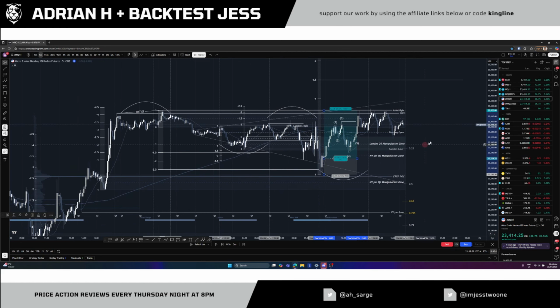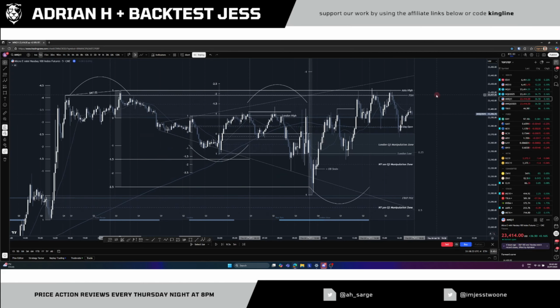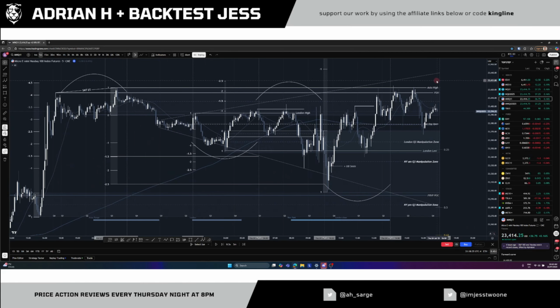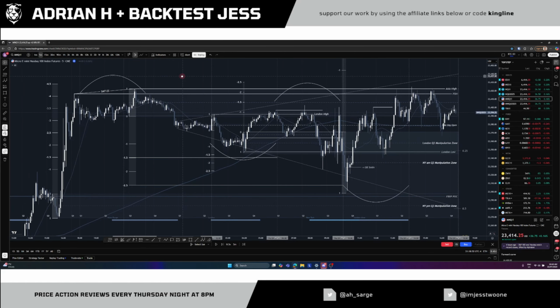And this is the thing, guys, I actually learned this a long time ago from one of the first people I used to backtest with quite often: if the market has not expanded all week, which is essentially what we've had, consolidation all week with the exception of the expansion on Wednesday, but even still that was inside of a range, so we're still within the weekly range created between Monday and Tuesday, then it will expand on Friday.